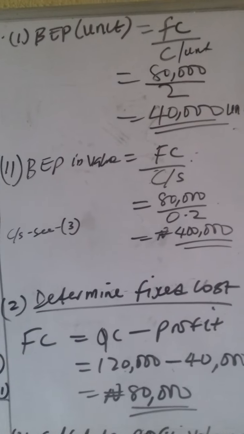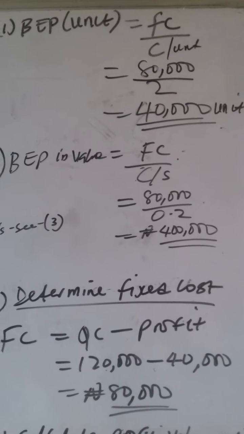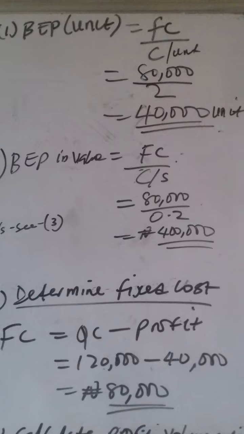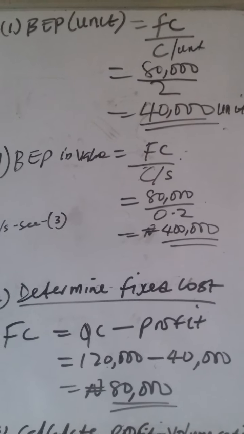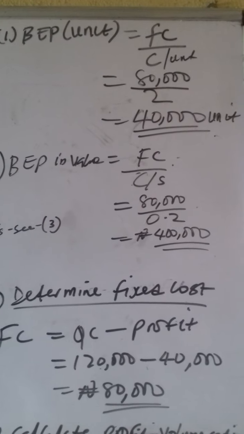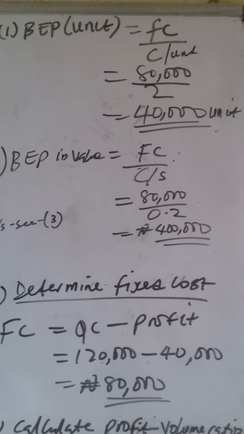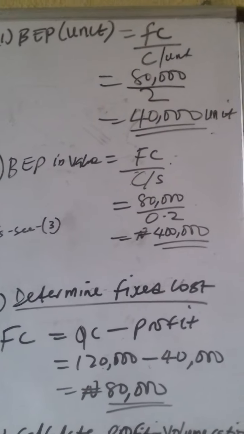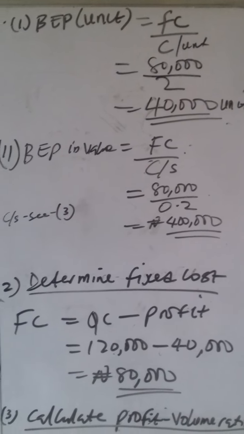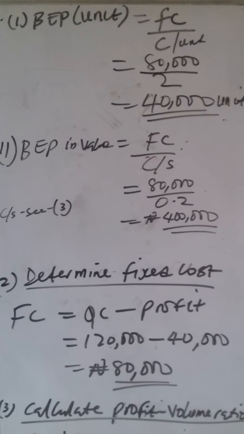Break-even point in unit and in value. The break-even point in unit is fixed cost over contribution per unit, and that is 80,000 divided by 2. And we have 40,000 units. Very straight. So with 40,000 units, the company will break even. They will not make profit or make loss. Are we together?